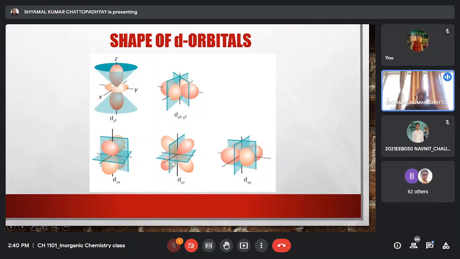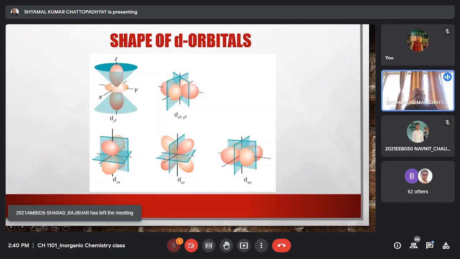Similarly, for dyz, the 4 lobes are between the z-axis and y-axis, and again there are 2 nodal planes. The first nodal plane is the xy plane. This is the basal plane. This is a nodal plane, and the other one is the xz plane, which is the nodal plane containing the x-axis and z-axis.